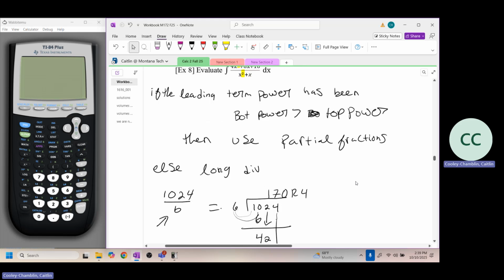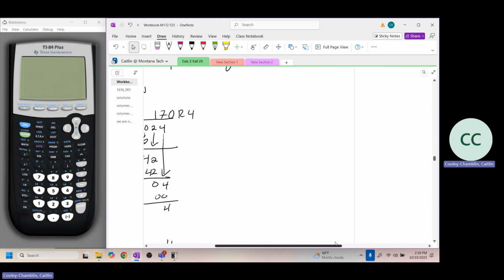All right, and I'm going to come over here, set this up. Okay, so we had 4x cubed plus 8x plus 16 divided by x squared plus x.